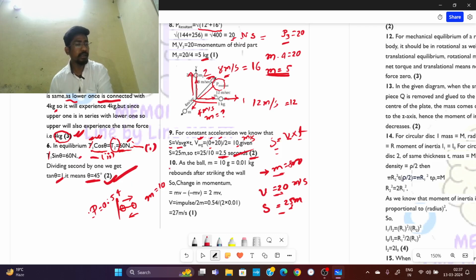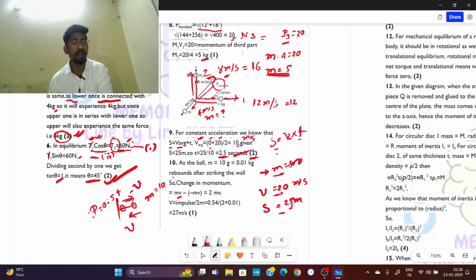As we saw in the earlier fourth question, the formula of impulse is change in momentum. So you have to calculate the change in momentum, right? How to calculate change in momentum? Initially, it is moving with a certain velocity. If we take this velocity as v, here it is v, right? So it is moving in this direction, and it gets rebounded in this direction.